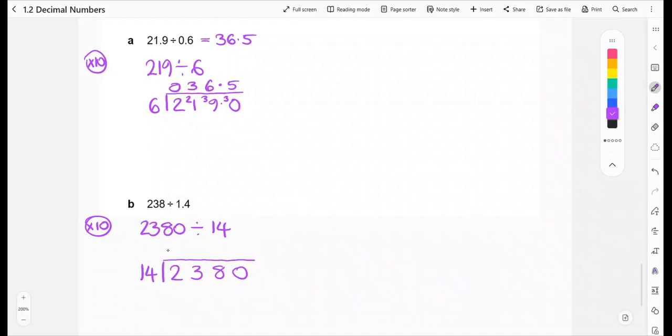Into 2, there is no, that's 0, remainder 2. 23 divided by 14 is 1, remainder 9. 98 divided by 14 is 7, no remainder, and then 0 divided by 14 is 0. Therefore, my answer for this question is 170. Again, no further working is necessary.